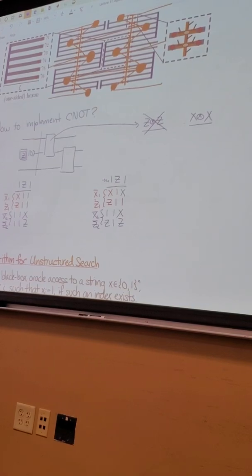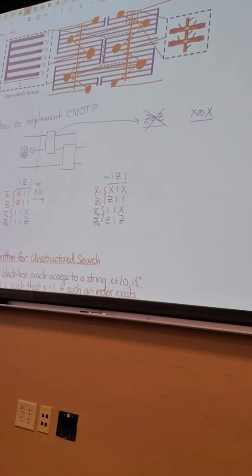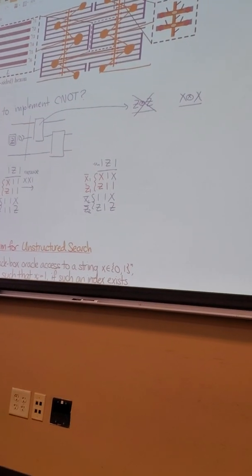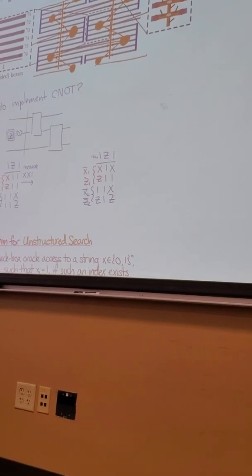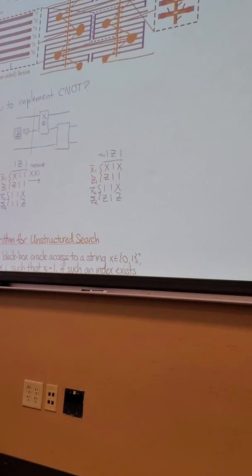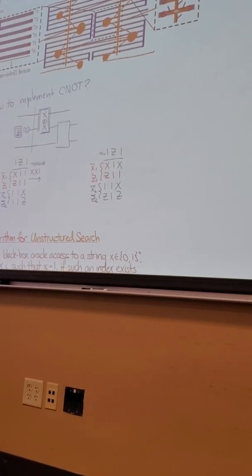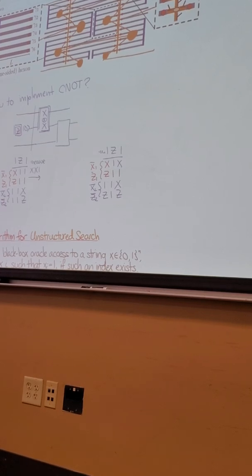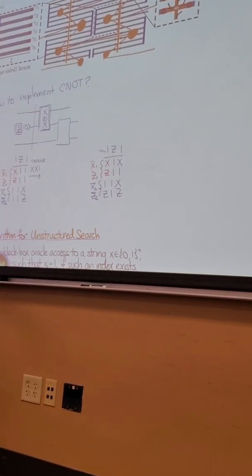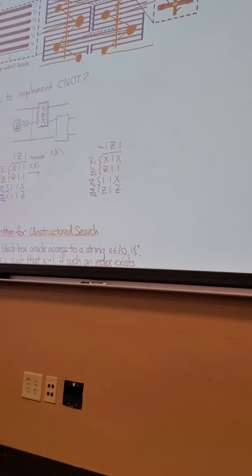First we measure x1, x2. Okay, so that's here. Like that. All right, so x1, x2 anti-commutes with this guy, so we throw that away. You replace it with plus or minus XXI.